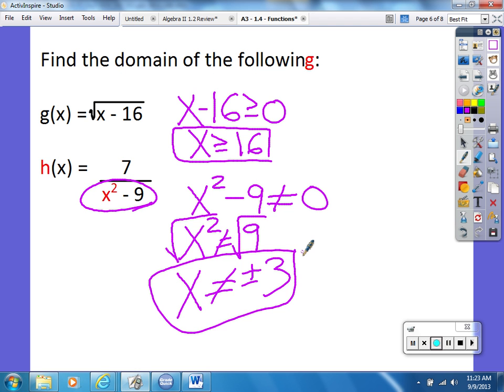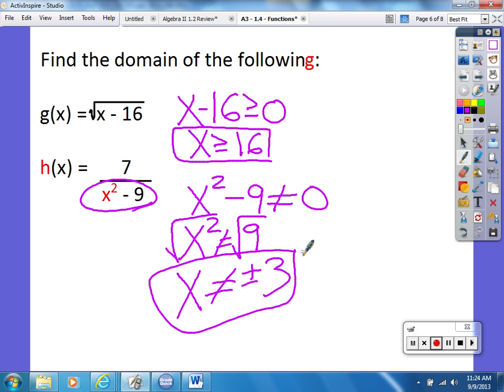If I put in negative 3 here, what's negative 3 times negative 3? 9, minus 9 is 0. So I'm not allowed negative 3 either. It also happened to make that 0, right? So that's something I have to check for: do I have that plus or minus? Well, remember on this one, anytime you're talking about the denominator, you say cannot equal 0. Okay?